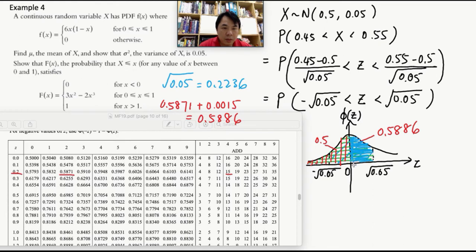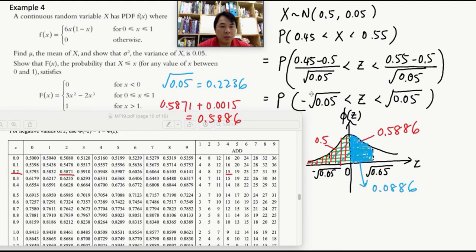As I mentioned before, this very small region is symmetrical to the region on the left hand side. So to answer this question, we can multiply this region. This region will be given by 0.0886.